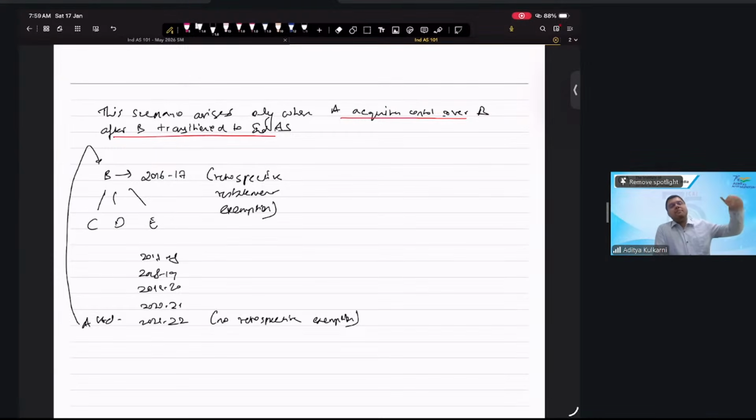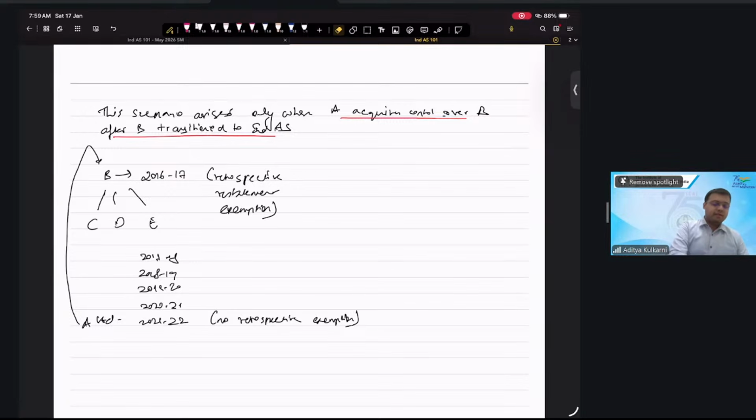Because when B availed the exemption, A was not even in the picture. After 3-4 years, A has acquired B. You cannot expect B to do a modification just because some other company acquired it after 4-5 years. Are you able to follow?